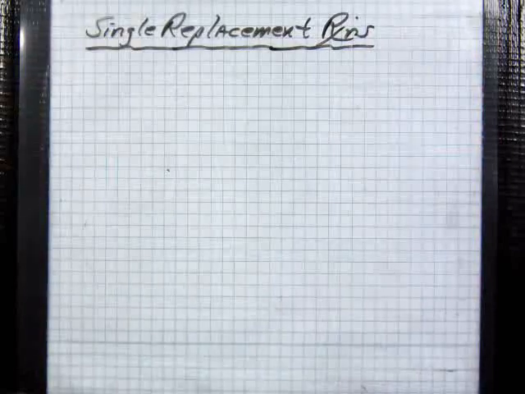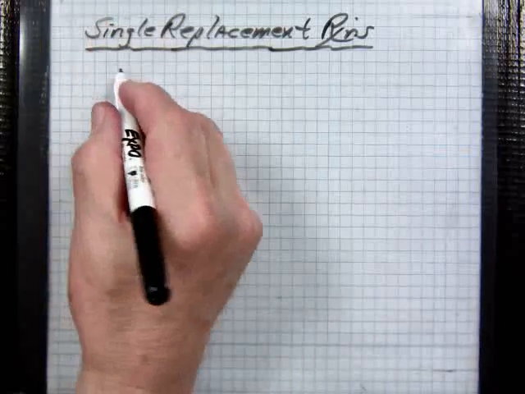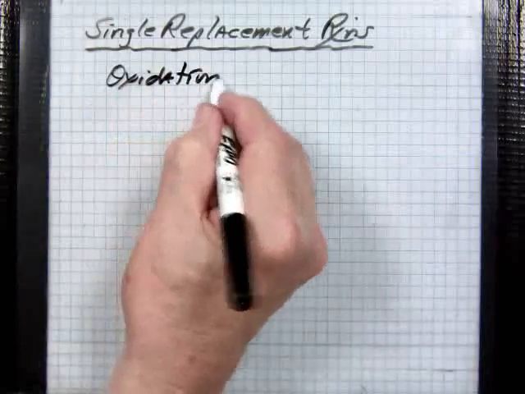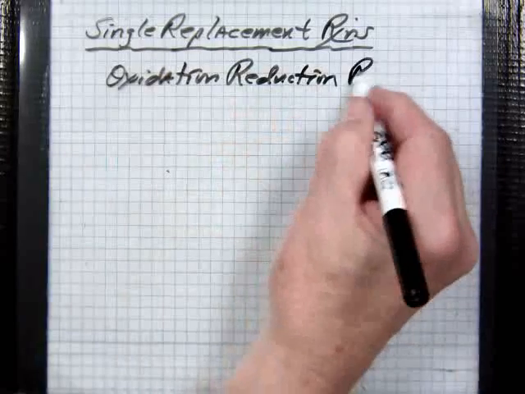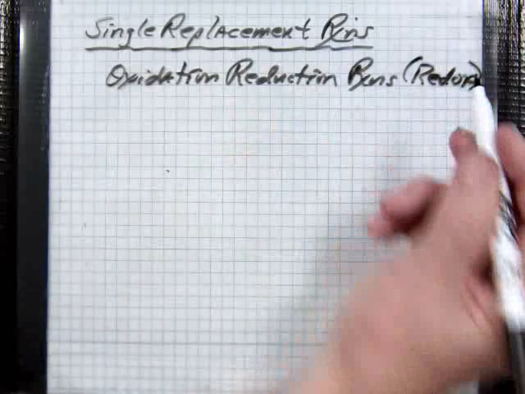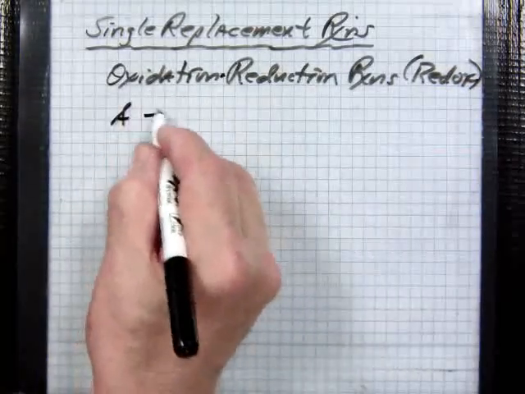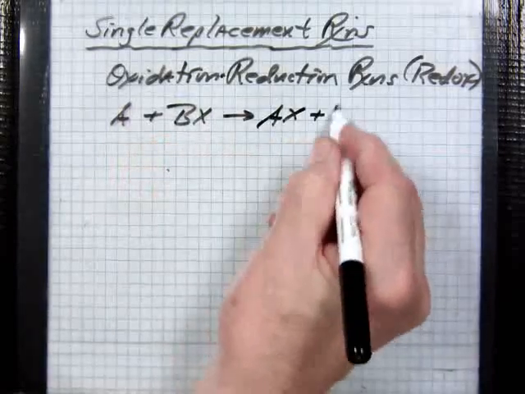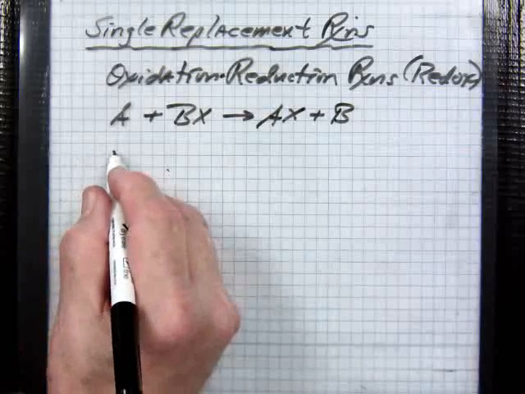Single replacement reactions simply are oxidation-reduction processes, or in brief, redox. Some people use that extensively. They have an empirical form, A plus BX goes to AX plus B, and they depend upon what we call the activity series.